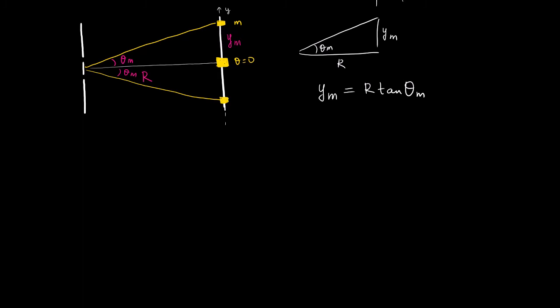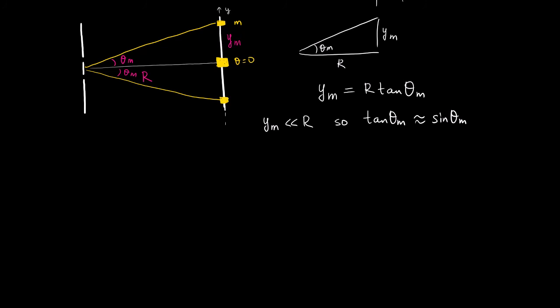So if we consider that ym is way smaller than the distance between the screen and the slits, then we can approximate the tangent theta as sine theta.